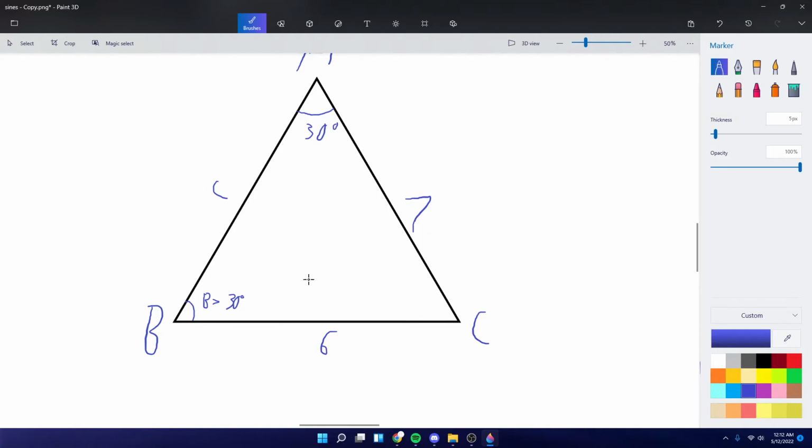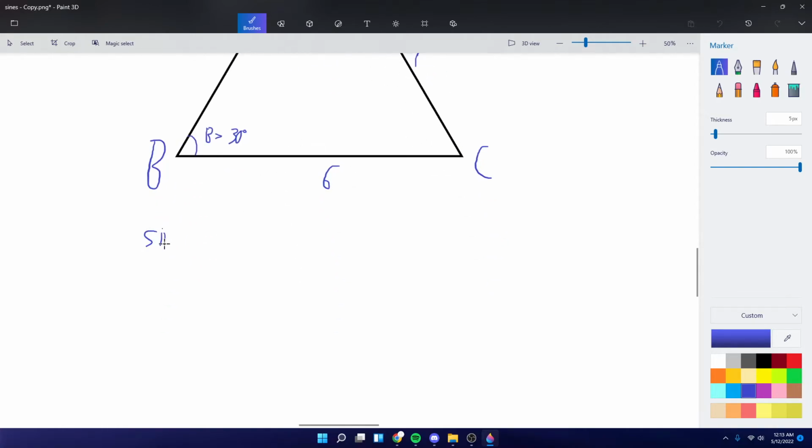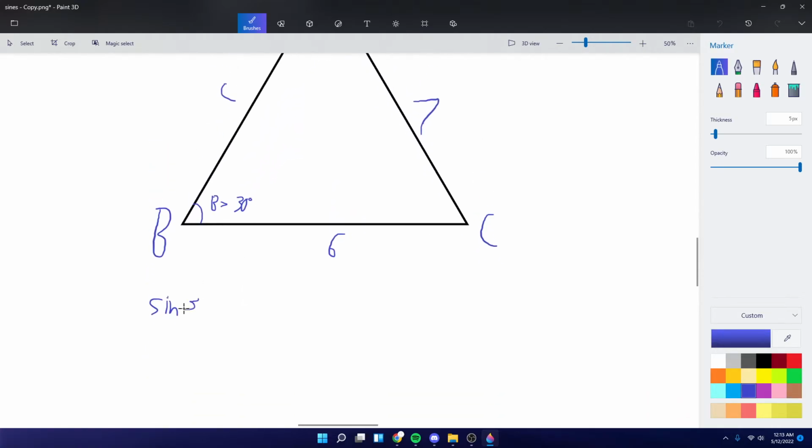So let's use the law of sines to solve for this. We're given these 2 values and this value. Use those. So sine of A, 30 degrees, over 6 will equal sine B, which we don't know yet, over lowercase b, which is 7.